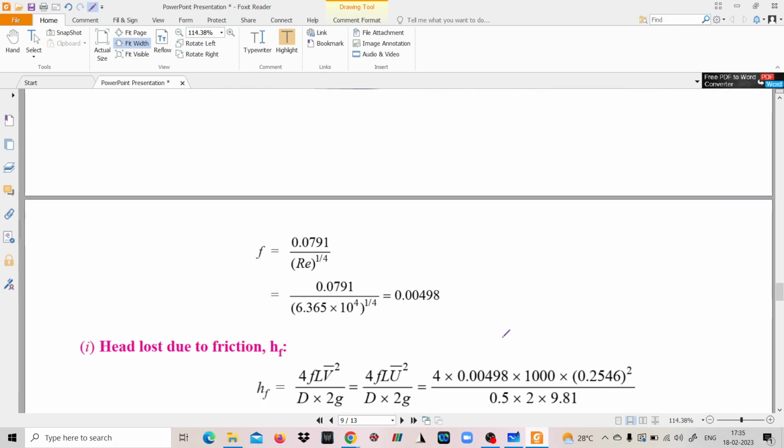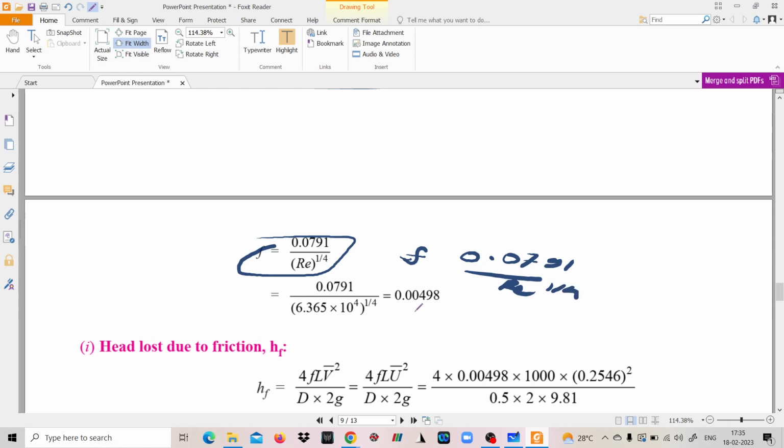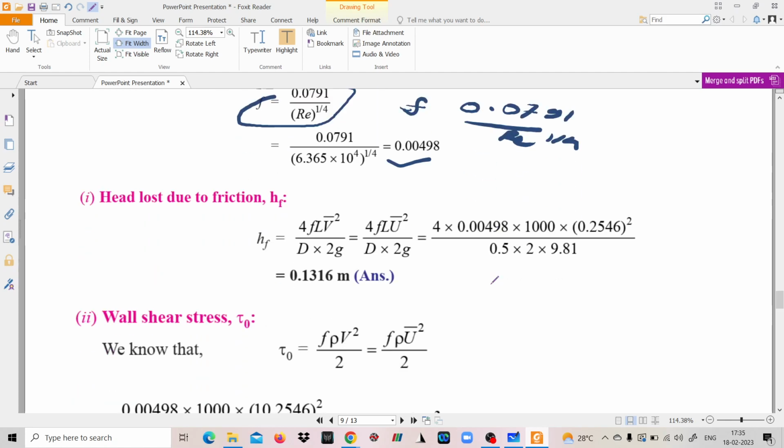Since it is turbulent flow for a smooth pipe, you must have seen this equation. This is actually Fanning's friction factor, Cf equals 0.0791 Re raised to the power of minus 1 by 4. From here the value of Fanning's friction factor is approximately 0.005.